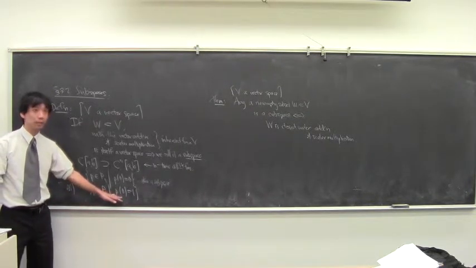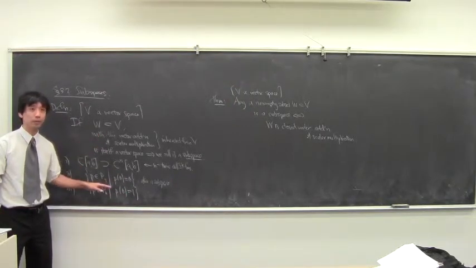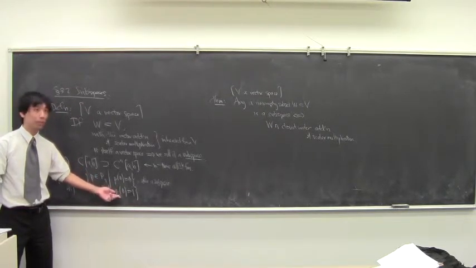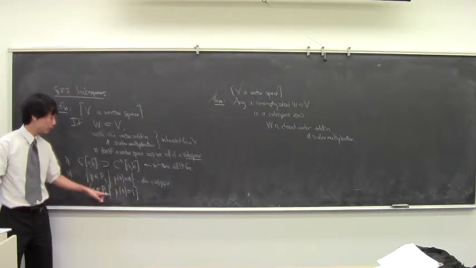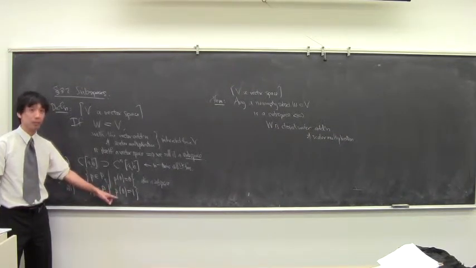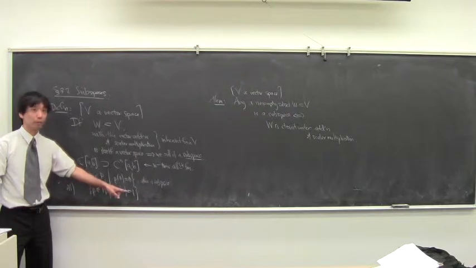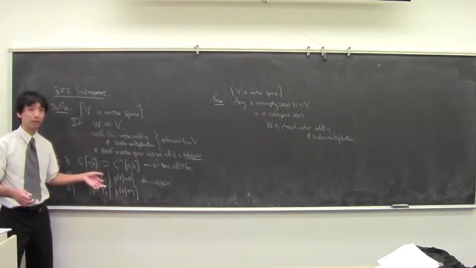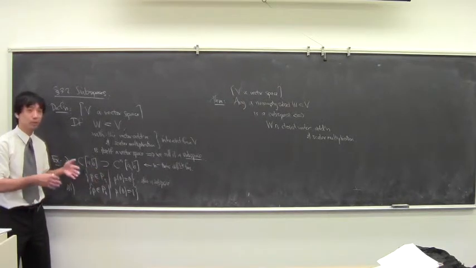If you took two of these and added them together, you would leave the space, because the sum at 0 would give you 2. Suppose you have two elements of this space, P1 and P2, each of which takes on a value of 1 at 0. When you sum them together, the sum is going to take on a value of 2 at 0. So the sum is not in the space.